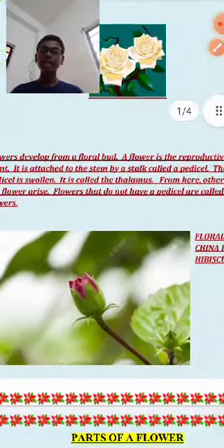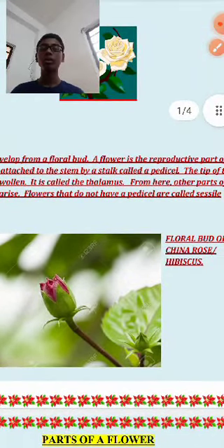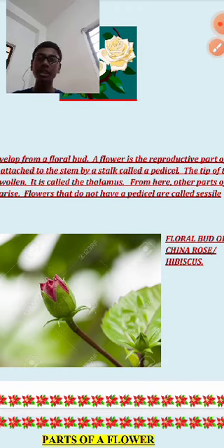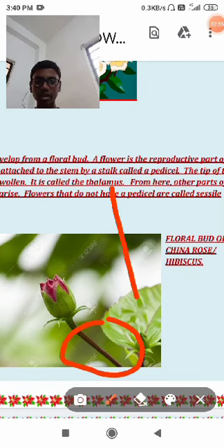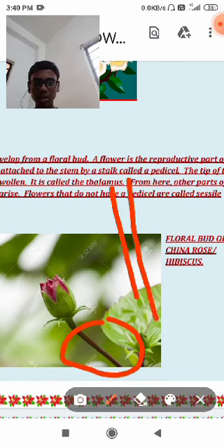It is attached to the stem by a stalk called pedicel. Now obviously if the flower is not attached to the plant, how can we say that this flower is a part of the plant? It must be attached to the plant. So the flower is attached to the plant by a stalk. Stalk means this thing, something like this.